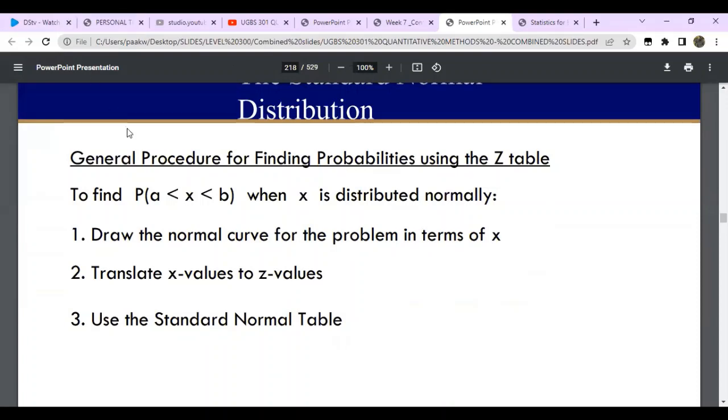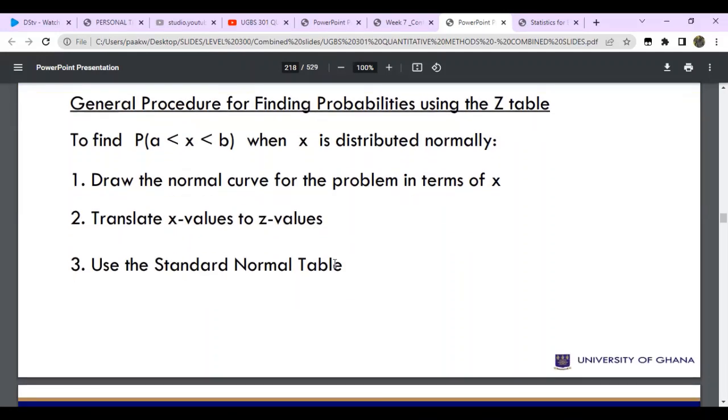To find the probability that A is less than X less than B when X is distributed normally, first of all, draw the normal curve for the problem in terms of X. But for me, I would like you to translate X values into Z. That is standardization. You transform the X or normal X value into the Z values before you use those Z values to draw the curve. Then after drawing the curve using the Z values, you use the standard normal table to find your probabilities. That is very simple. You get it?